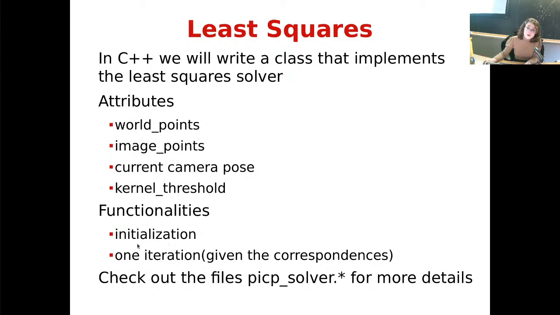This class will have a function to build the H and B matrix and a function to perform one least squares iteration. In this exercise, we will explicitly call the iterations one by one, pressing a key on our keyboard. In particular, we will press the space, and pressing the space will coincide to one iteration. So our least squares class will be doing only one least squares iteration and will be called explicitly for repeating over and over the iterations.